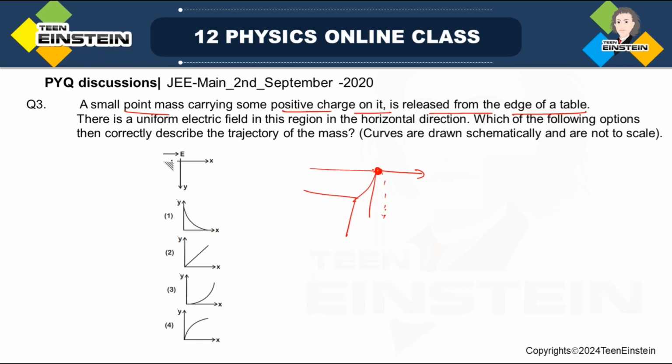When it is released, there is an electric field in this direction also. There are 4 graphs corresponding to the 4 options, and you have to choose the correct one.